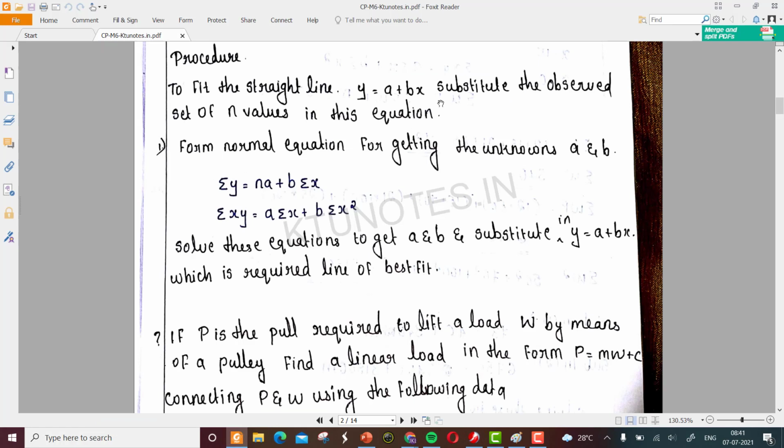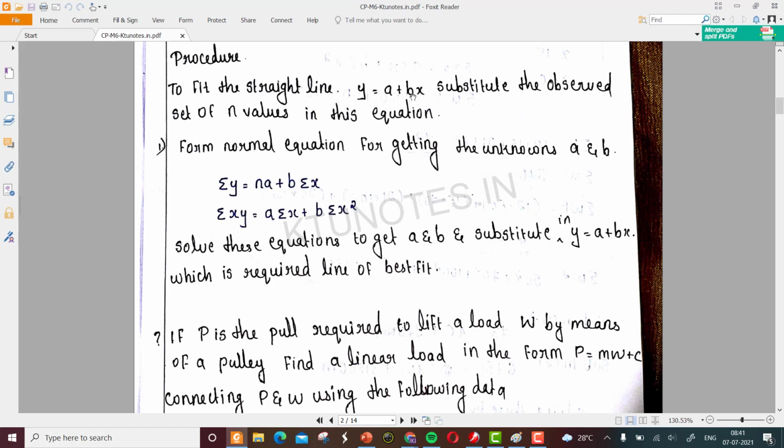So we need to form two equations for solving a and b. We know the value of x, we know the value of y, and as we have been given numerous values, we need to find constants a and b which will properly suit the straight line equation.